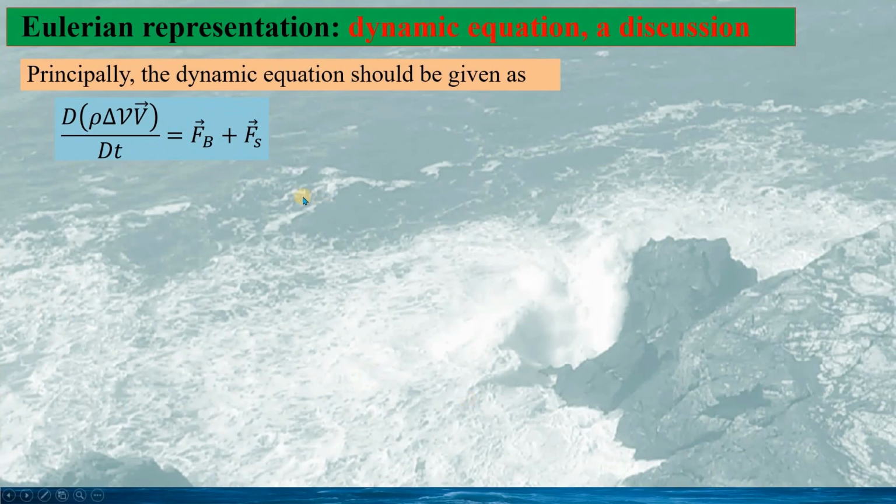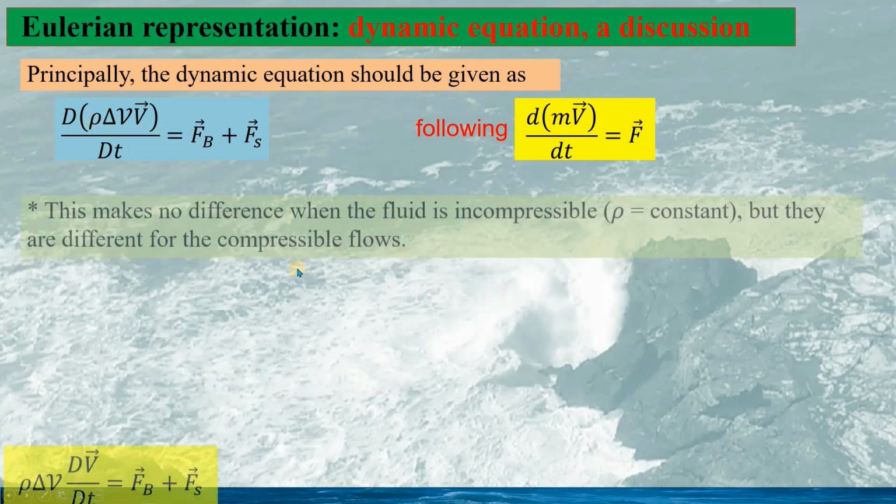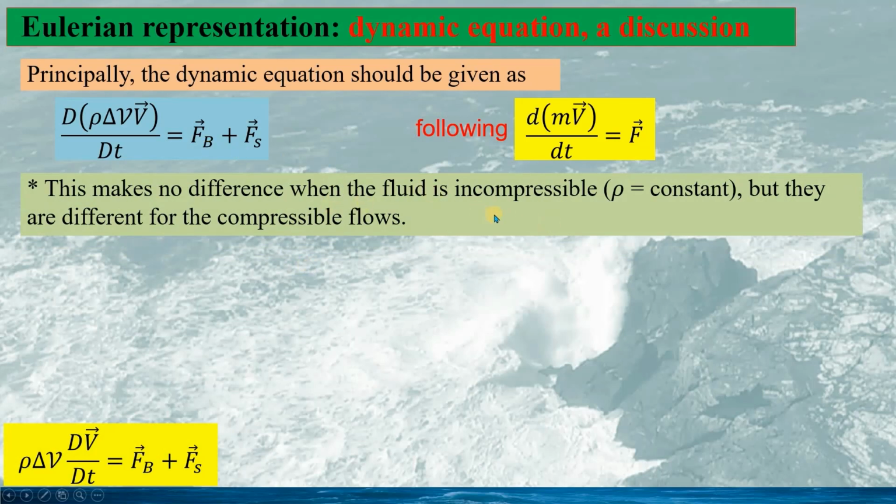However, the fluid dynamic equation should be given as this in principle, since this follows the more general dynamic equation for Newton's second law of motion. Here, in this expression, m can be a variable. That means the density rho can be a variable. Of course, if the fluid is incompressible, rho is a constant, then this expression and this expression would be the same.